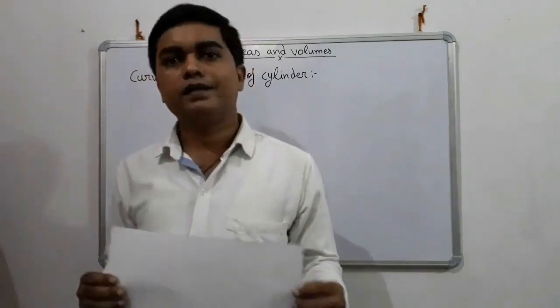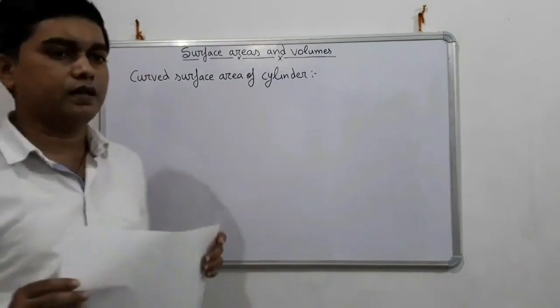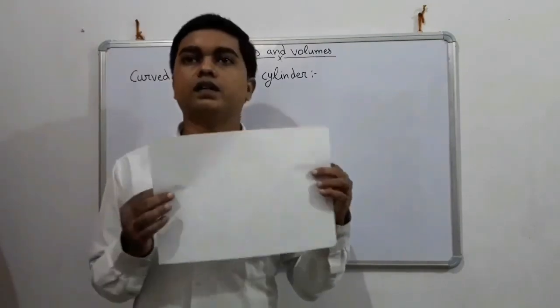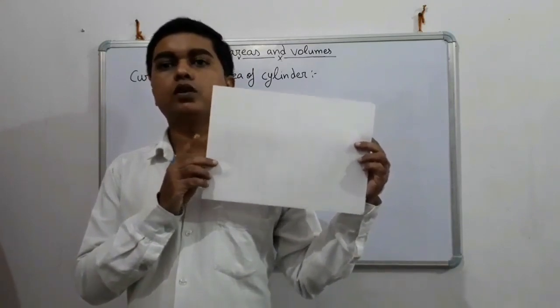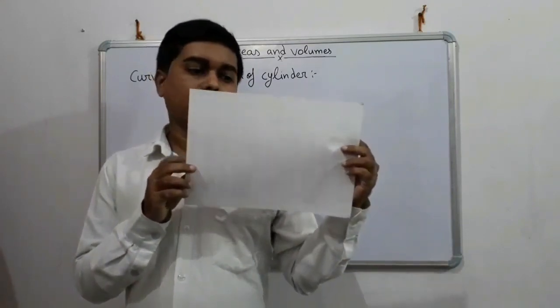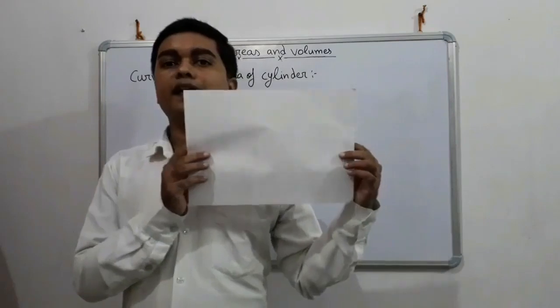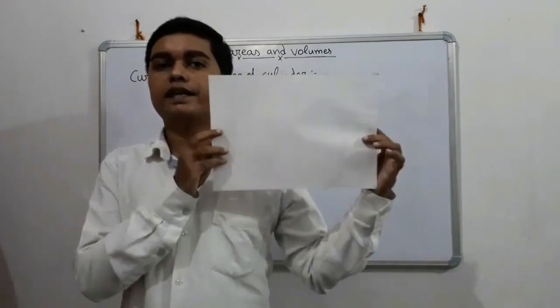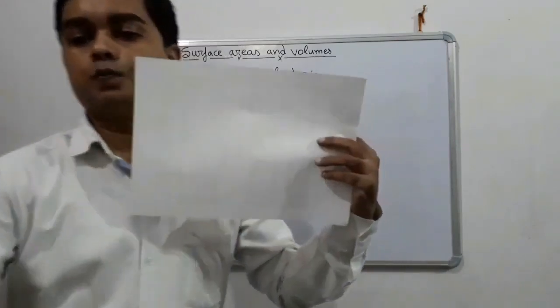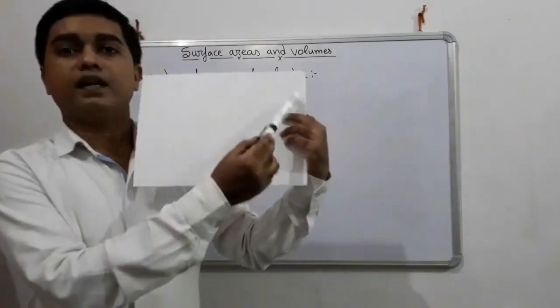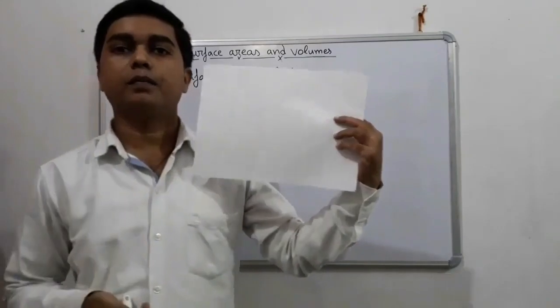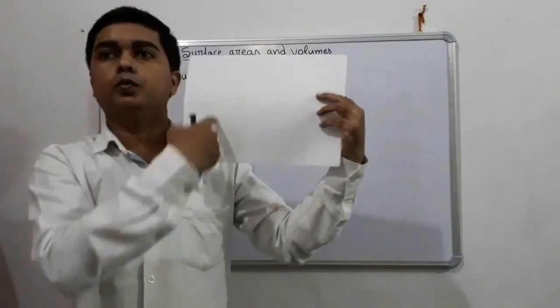Children, now we will find the curved surface area of a cylinder. Now see how you can find the curved surface area of a cylinder. Children, see, I have one rectangular sheet. If I ask you to find the area of this rectangular sheet, then what will you do? If this is a rectangular sheet, then the area of this sheet will be length into breadth.